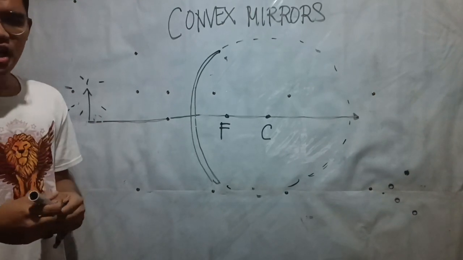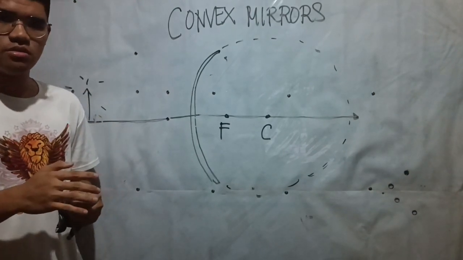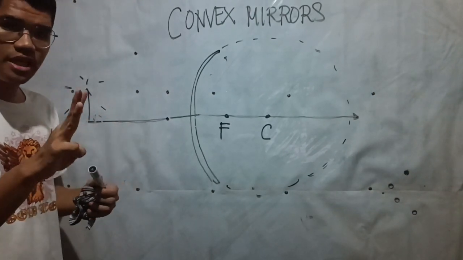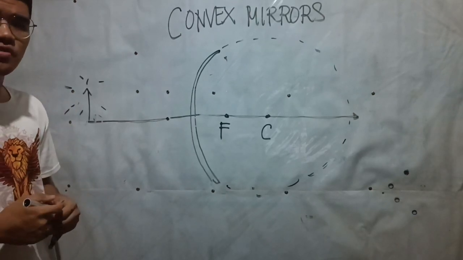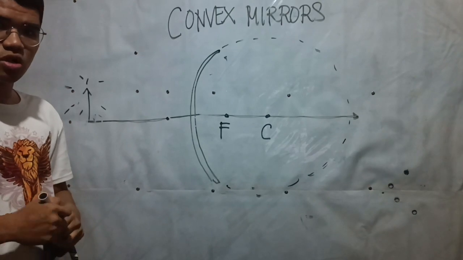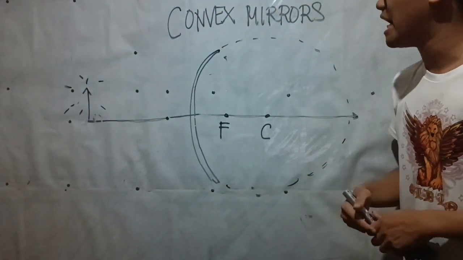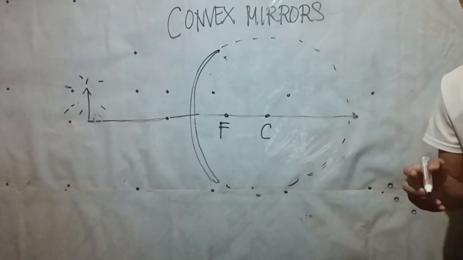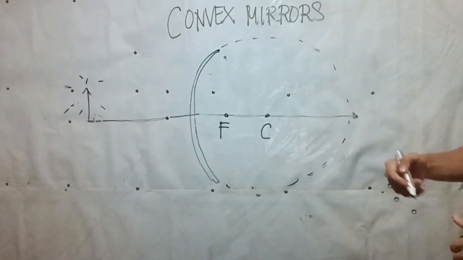In our past discussion, we have 3 rules in image forming for concave mirrors. We will still use those 3 rules in our image formation for convex mirrors. So what are those 3 rules again?